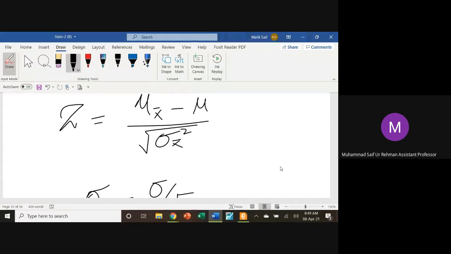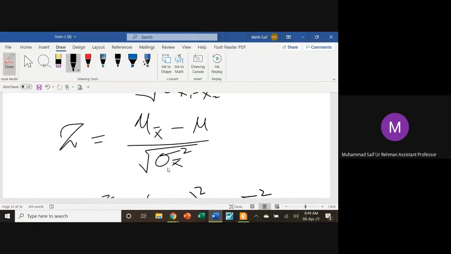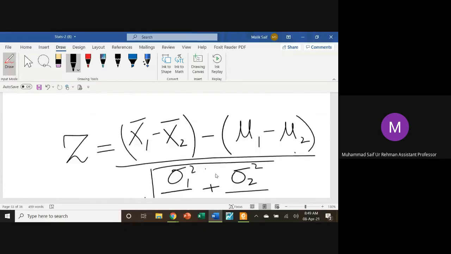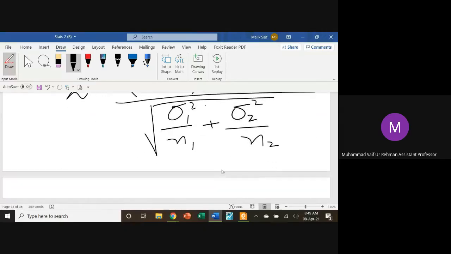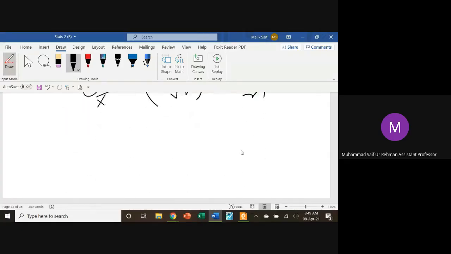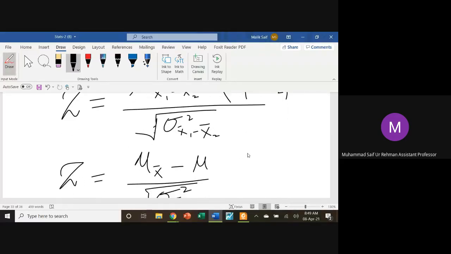Because if you are going to take sigma square, there will be square on this, so this will equal sigma square divided by n. So we are basically taking square root in the denominator. These are different formulae. Basically the formula is the same that we initially used for z. We have derived all these formulae from that basic formula. Simply shapes are different, but the concept is same.